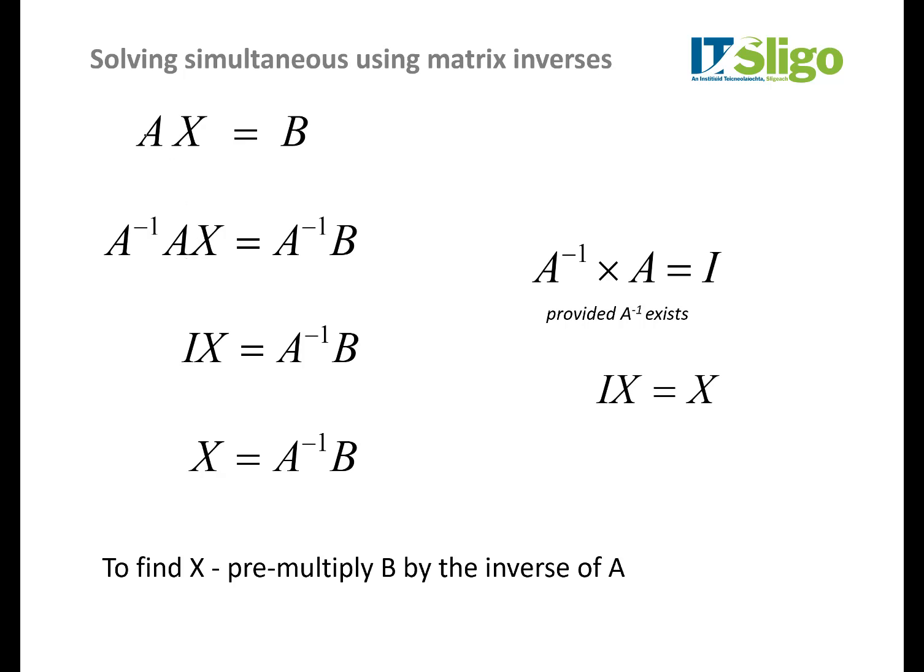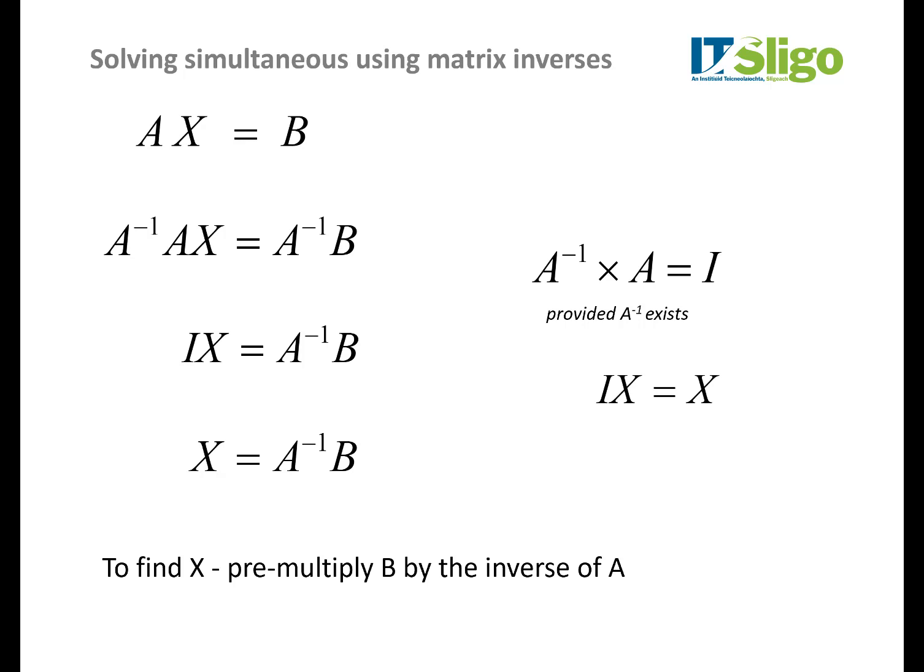A is sitting on the outside here. So to kill it, the only thing we can do is we pre-multiply it. We can't post-multiply it because the x is in the way. So because we pre-multiply on the left, we must pre-multiply on the right. The order in which you multiply matrices is very important.